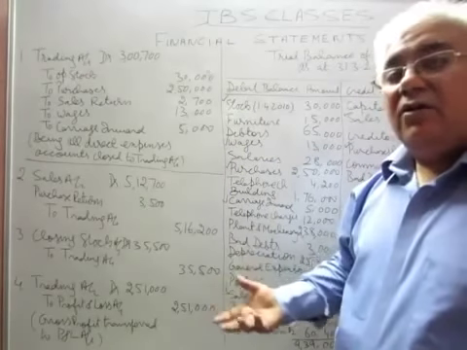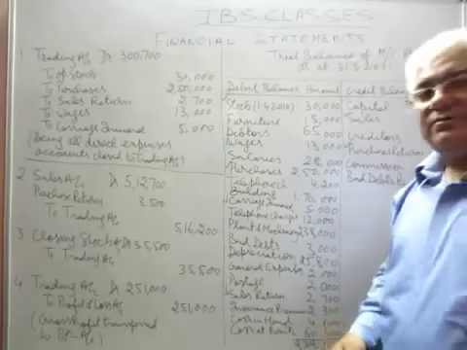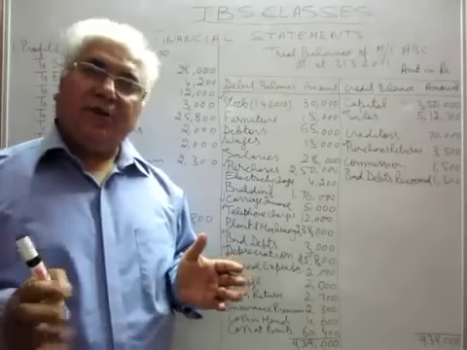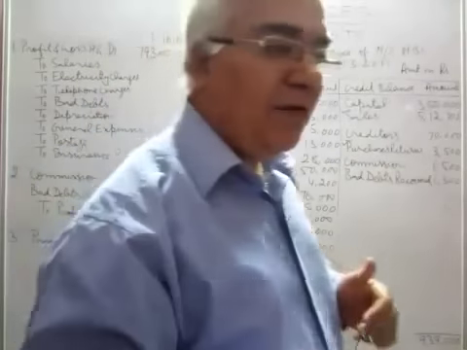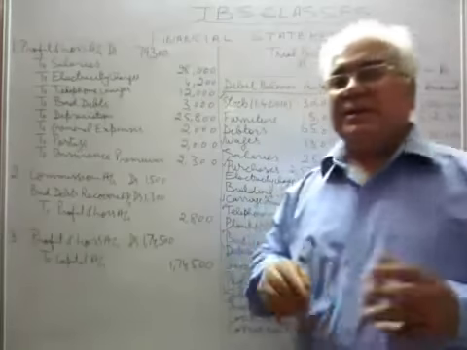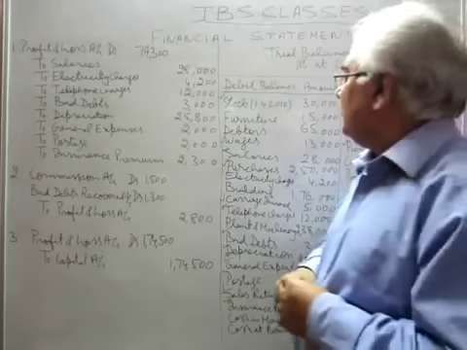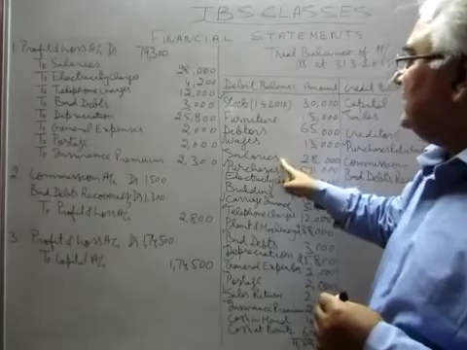Now I will tell you how these entries for profit and loss account are prepared. Now we will make closing entries for profit and loss account. You see, as I told you earlier, that in profit and loss account, all those expenses will be debited which are of indirect nature. So if we look at this, so what are the expenses?